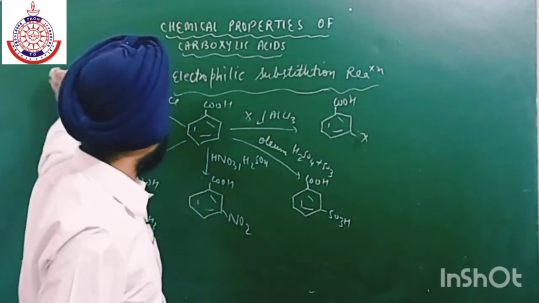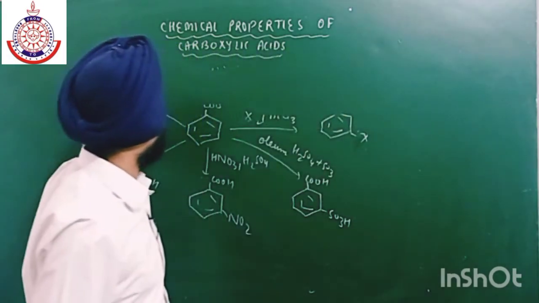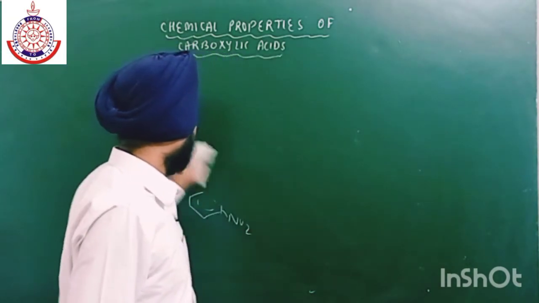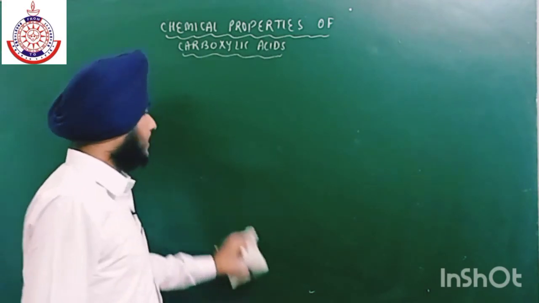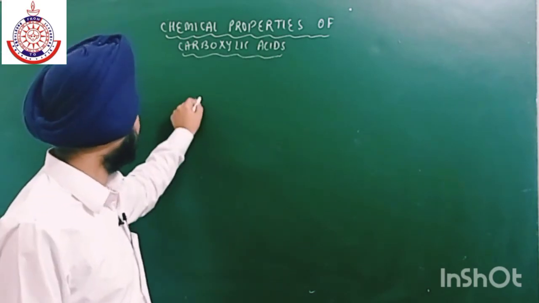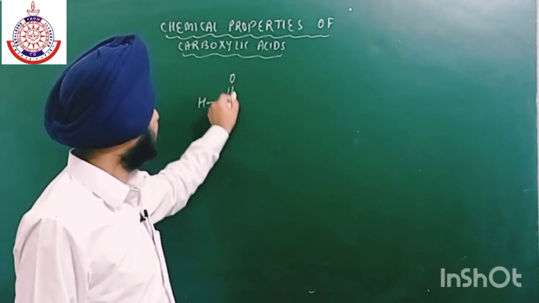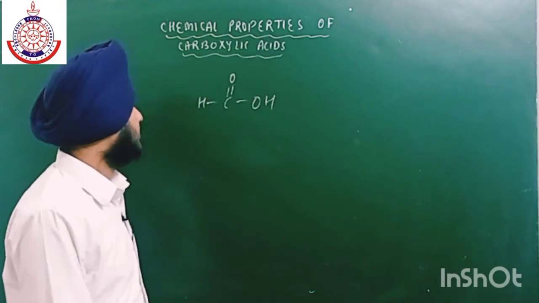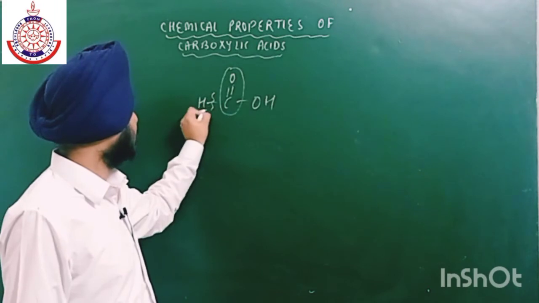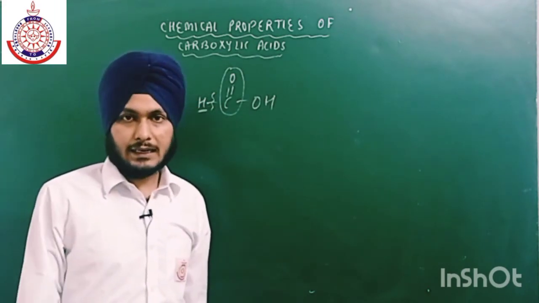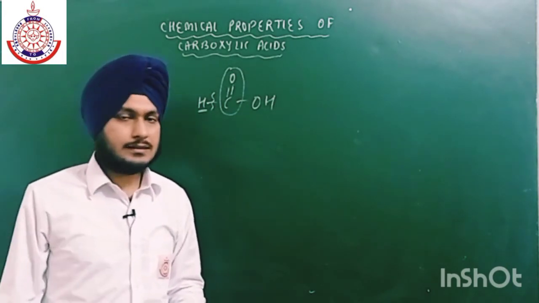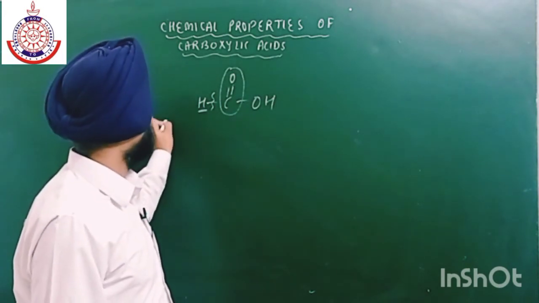Because formic acid shows some properties of aldehyde also, like the reduction. It can reduce Tollens' reagent and Fehling's reagent. Why is it able to reduce? Because the structure of formic acid is this, and here we also have a carbonyl and hydrogen bond, like in case of aldehydes. It is showing the same nature as that of aldehyde.